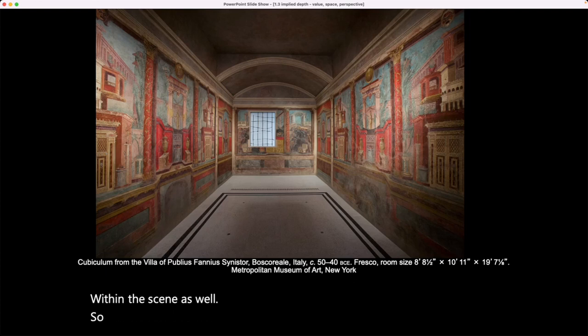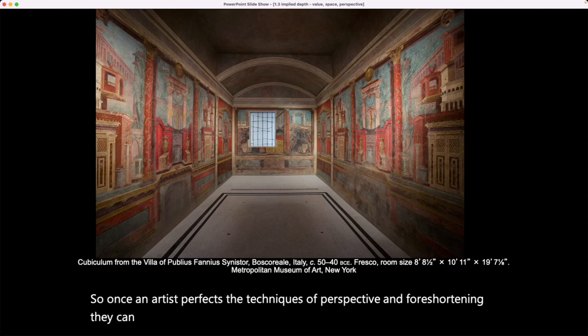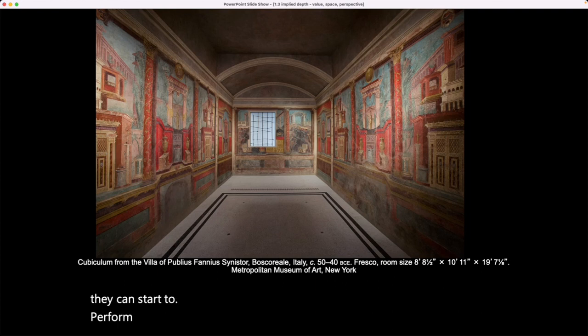So once an artist perfects the techniques of perspective and foreshortening, they can start to perform tricks, sort of. Trompe l'oeil, two words. It means trick of the eye.